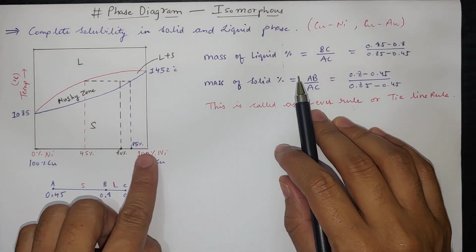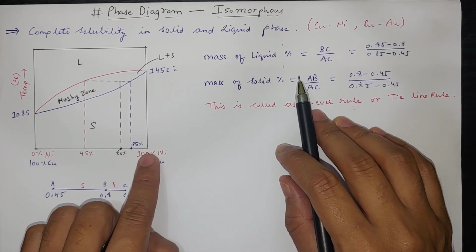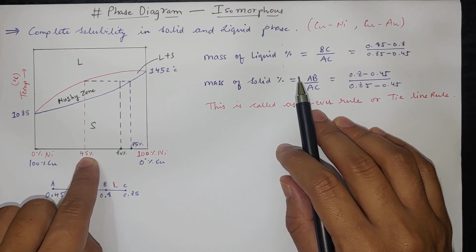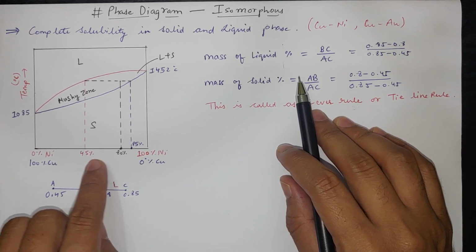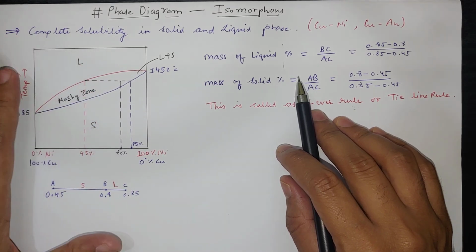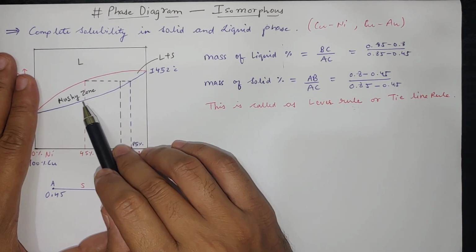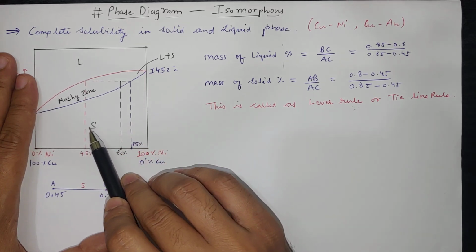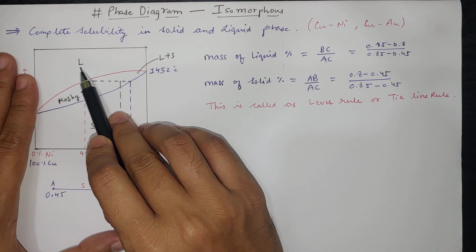But when there is a mixture at various compositions, let's say here 45% nickel, the rest 55% will be copper. Like that, there will be a range of temperature which we call the mushy zone. In the mushy zone, there is a temperature range through which it transforms from solid state to liquid state.